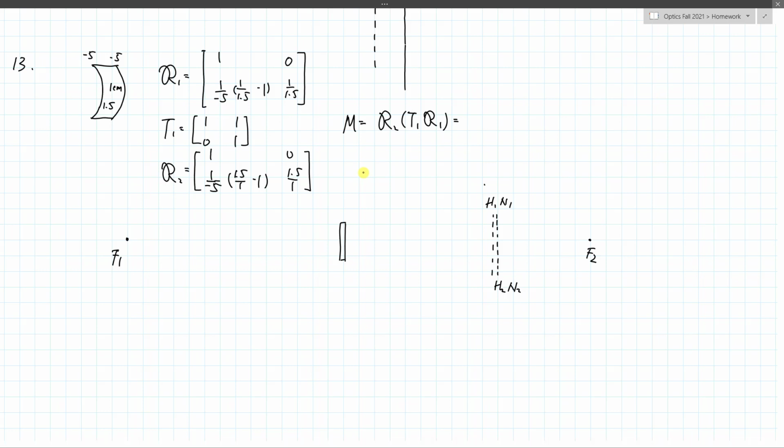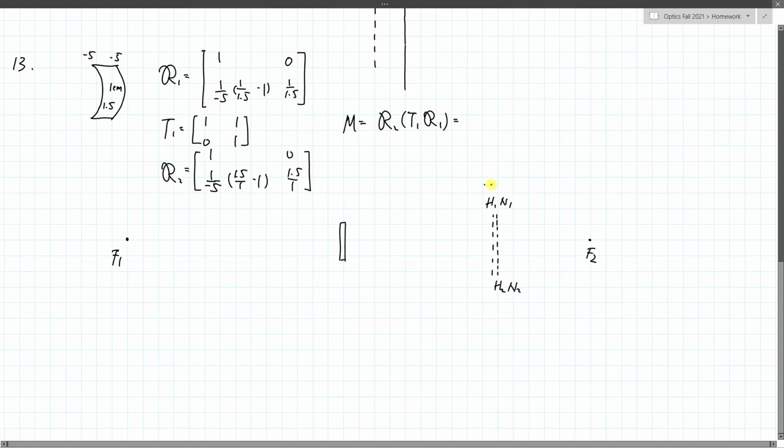Let's see, 10 should be here. That's like that. Okay. Third time's the charm. Okay, so this is 150. This is also 150. All right, so this is almost like a thin lens, except that the center is kind of thick.